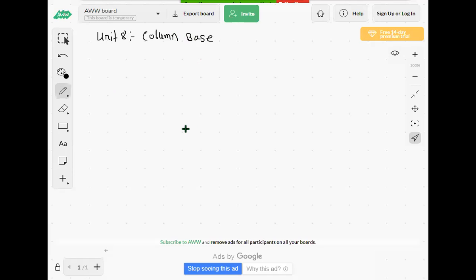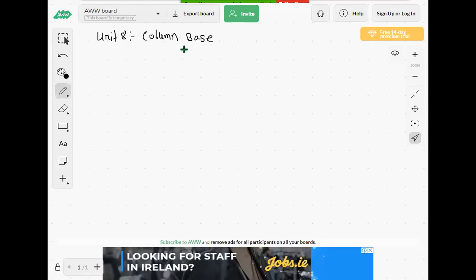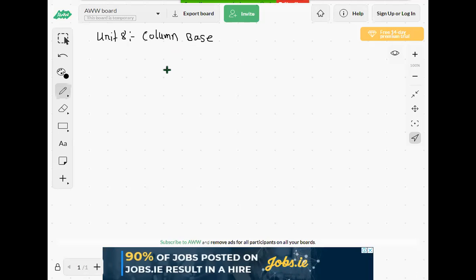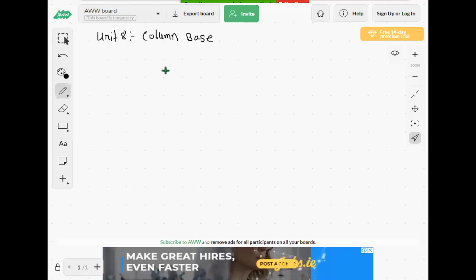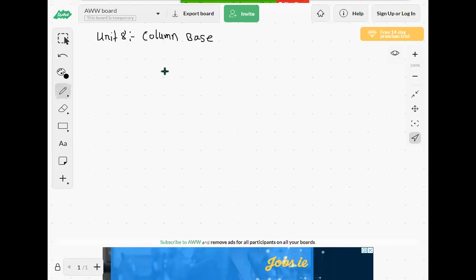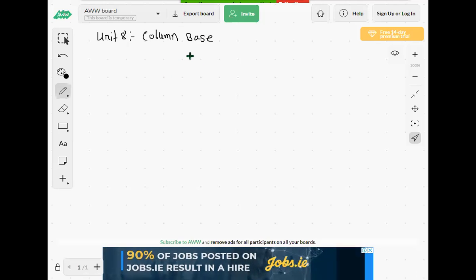I will show you by sketch what we are calling a base plate or column base. That is the column base.